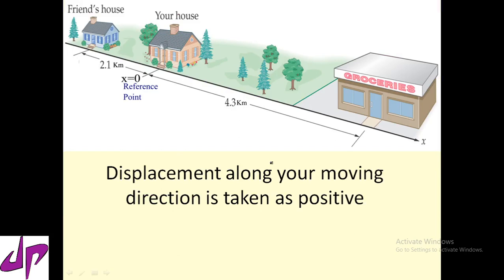So we can define displacement along the moving direction. So the direction is very important. Now here one consideration: displacement along your moving direction is taken as positive. If you are moving in the same direction, we have to take the displacement as positive. To understand that, let us take a small example.